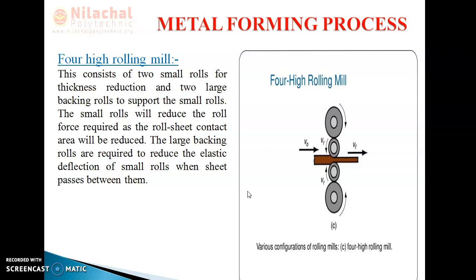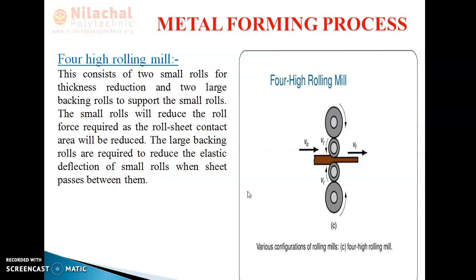Here we can see in the figure, we are having 4 rolls, 2 rolls equal in diameter and the remaining 2 rolls different in diameter. That means 2 rolls are smaller in size and the other 2 are bigger in size.